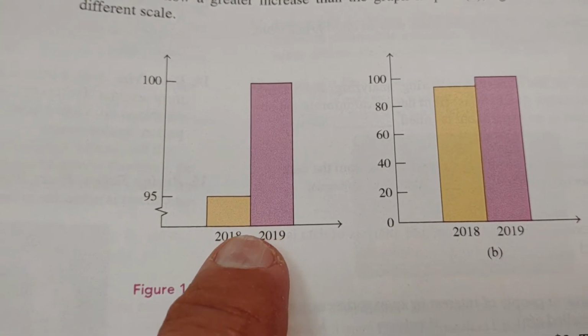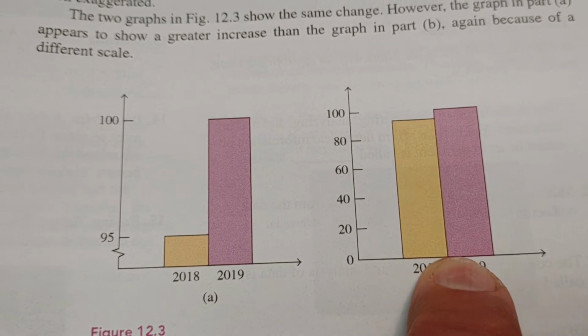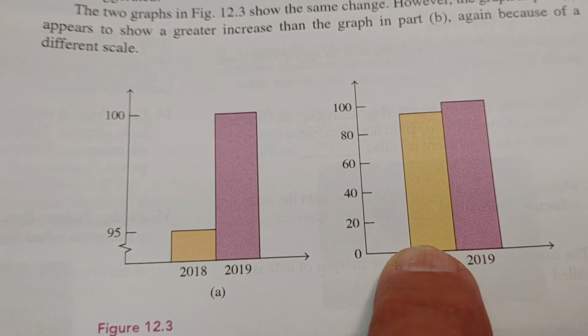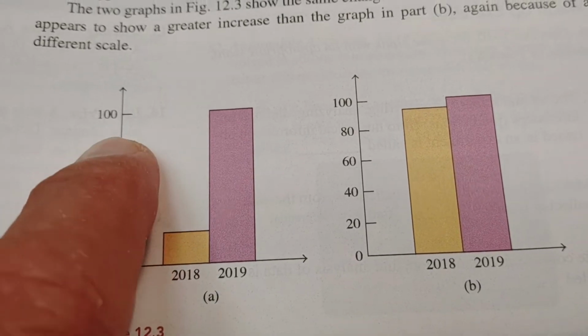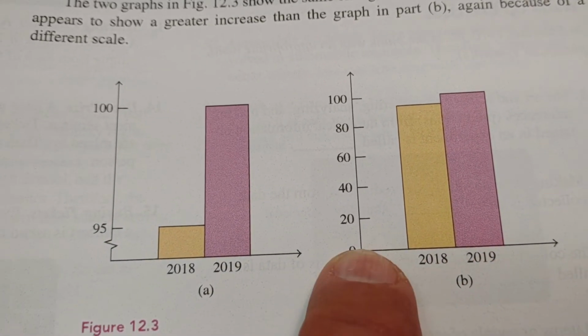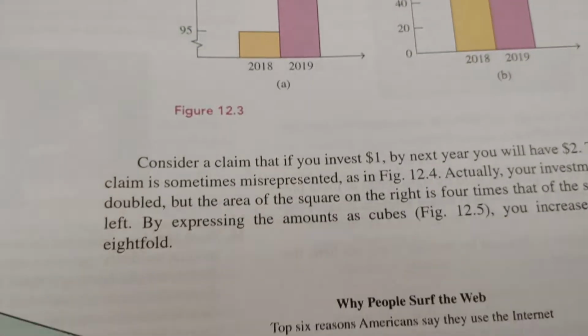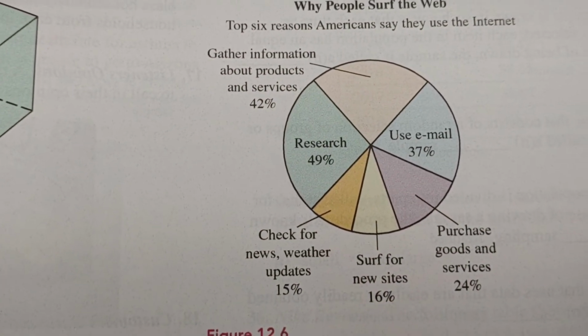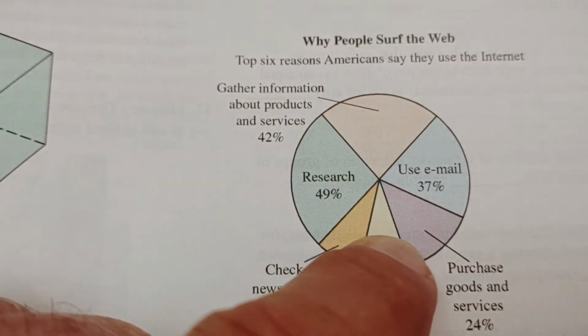This is the real graph, and again, here's the break. Here is the graph showing just this little bit going from 95 to 100, in terms of this one going 0 to 20. It's all in the way the graph is presented. Pie graphs are easily manipulated too.